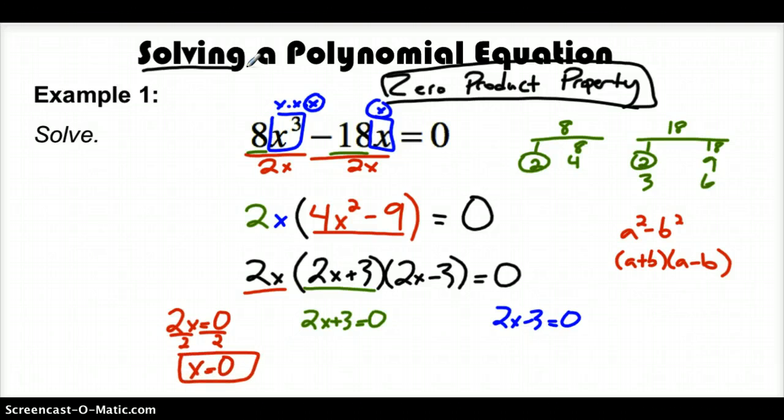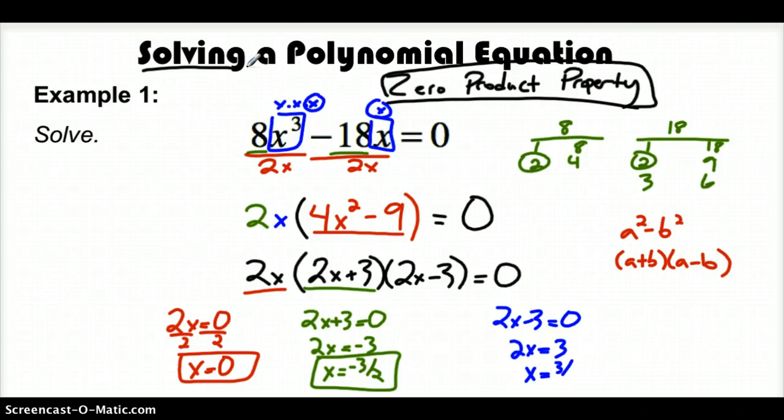That's one of our solutions. On the next one, 2x plus 3 equals 0, I subtract 3 from each side to get 2x equals negative 3, and then divide by 2 to get x equals negative 3 halves. That's our second solution. Finally, 2x minus 3 equals 0. I add 3 to each side to get 2x equals 3, and divide by 2 to get x equals 3 halves.